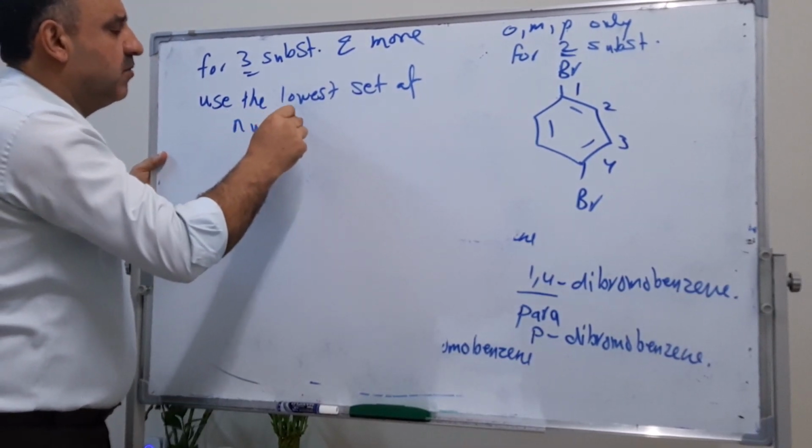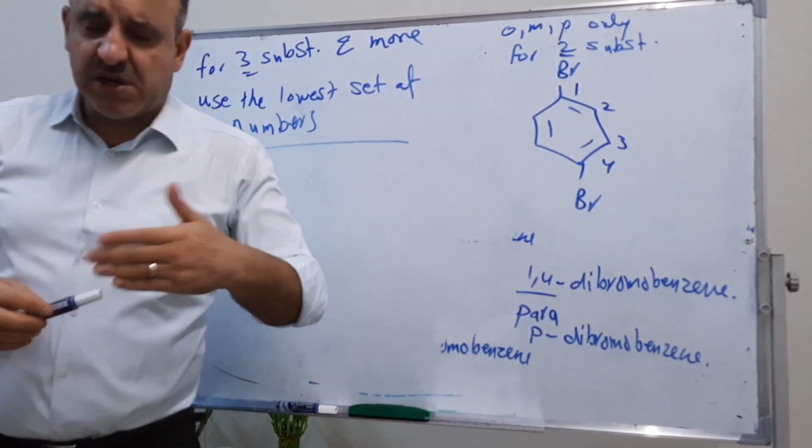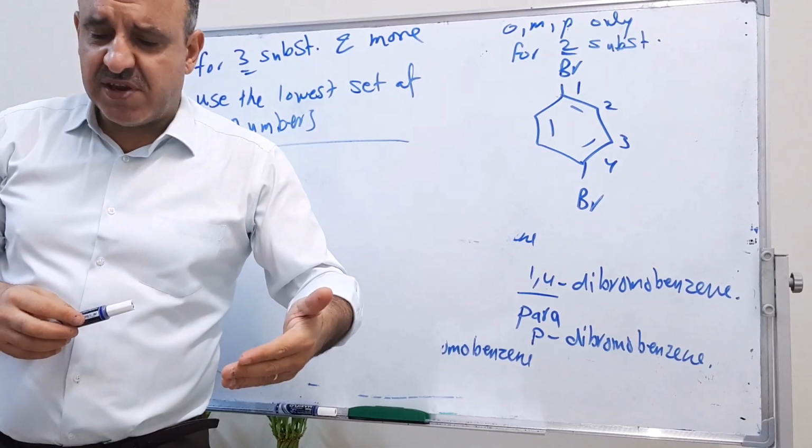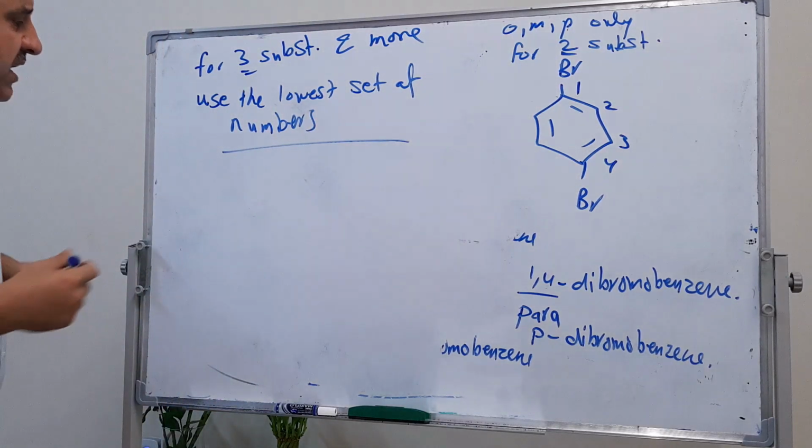This is simply the rule. That's exactly the same rule as when we were talking about cycloalkanes, if you remember. We always look for the lowest set of numbers and we take it as our numbering.